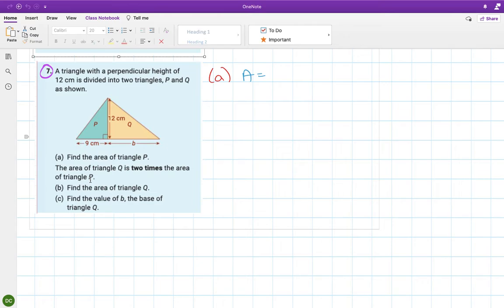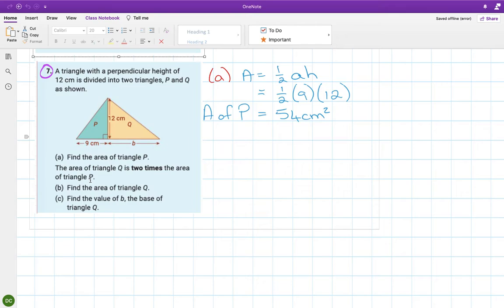The base of that P triangle is 9, and the perpendicular height is 12. Is that 54? Yeah. So that is 54 centimeters squared, and that is the area of triangle P.